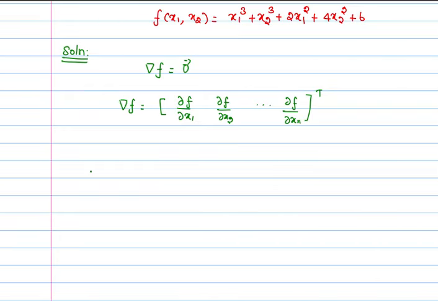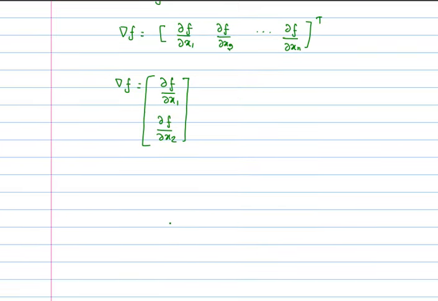Here n is two variables only in the given problem. So our gradient of f equals dou f by dou x1, dou f by dou x2. This is the gradient I have to find and set equal to the zero vector.